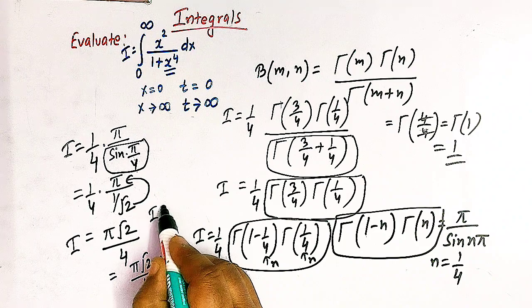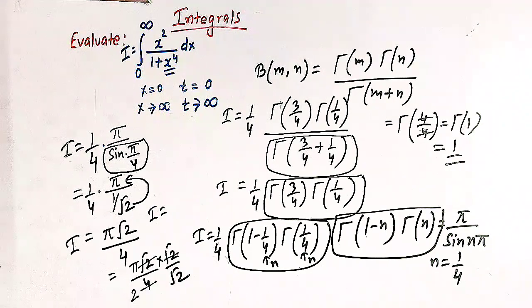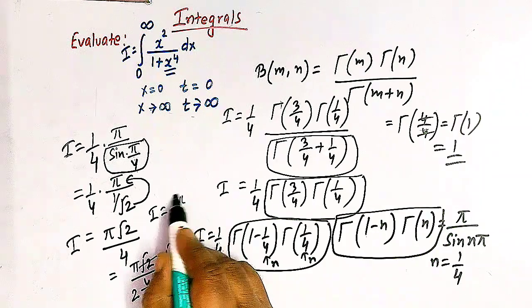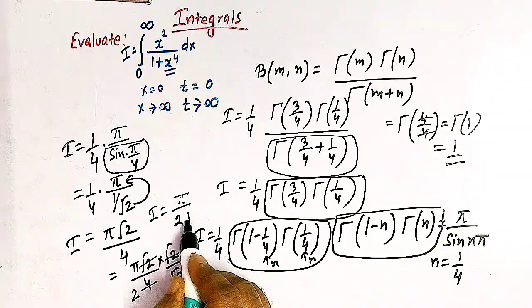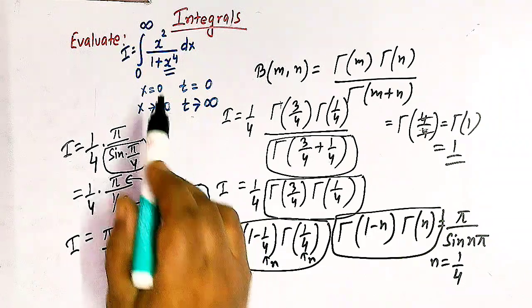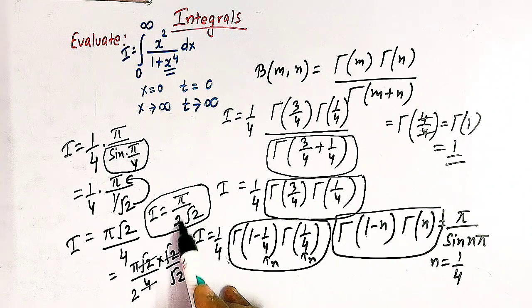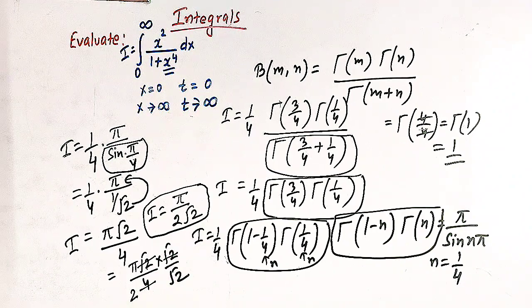So now we have root 2 times root 2 is 2. So this term is cancelled by this one, and here we have 2. So we have pi over 2 times square root of 2, right? So viewers, the value of this integral is equal to pi divided by 2 times square root of 2.